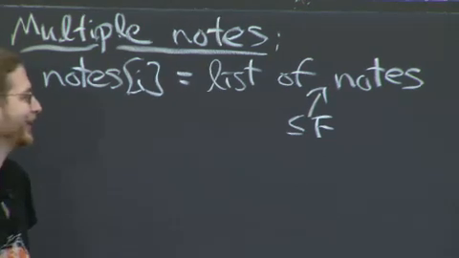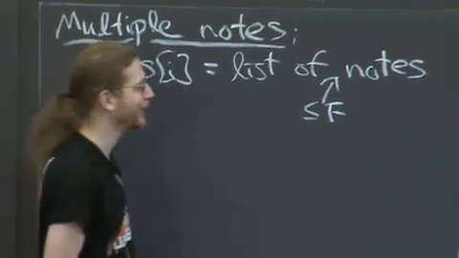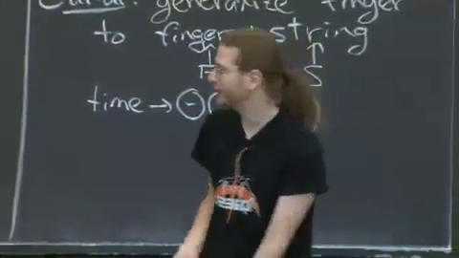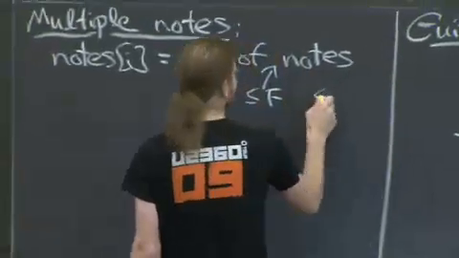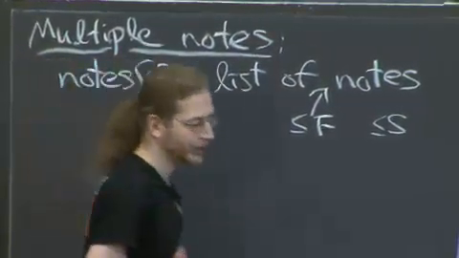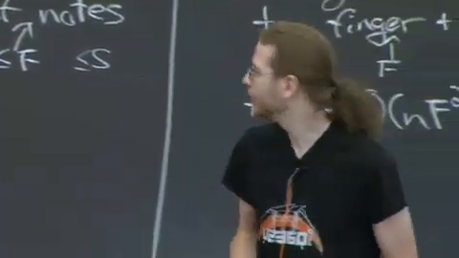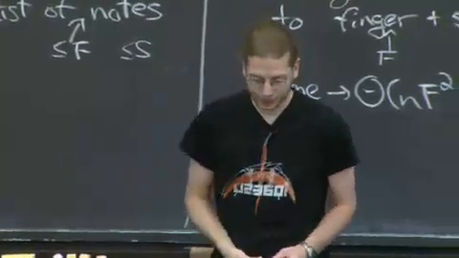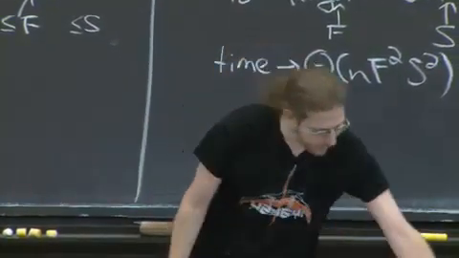Pretty much. I guess you could try to play two notes at once on a piano with a finger, but that sounds difficult. For a guitar, it's at most S notes. You can only play one note per string, more or less. So that's our input. And now we need to adjust the dynamic program.